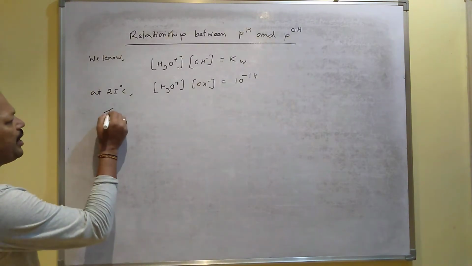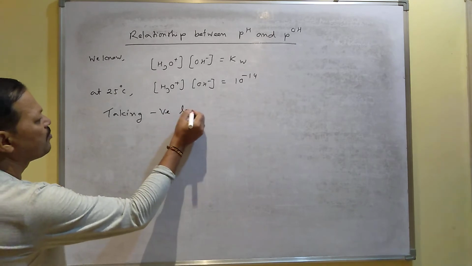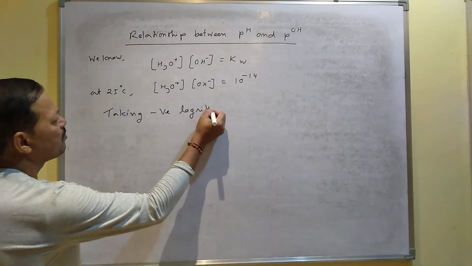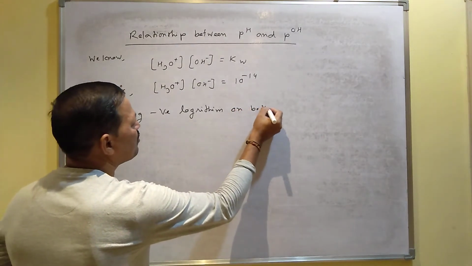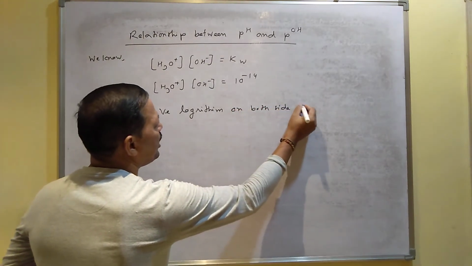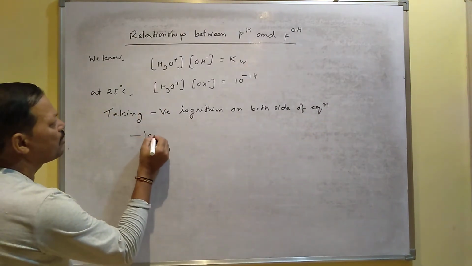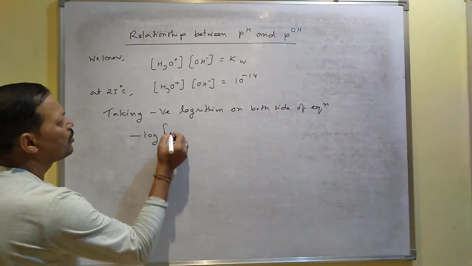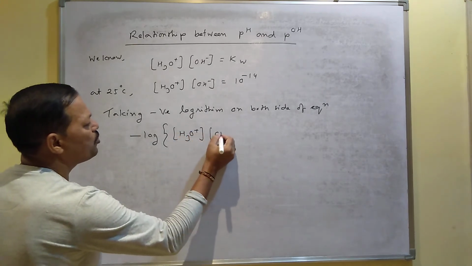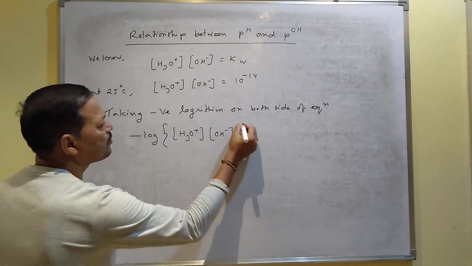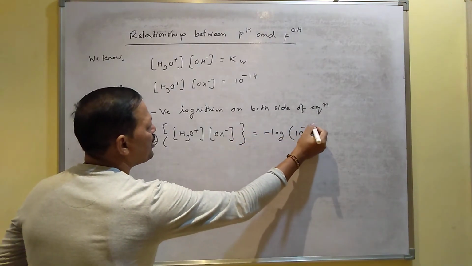Now, taking negative logarithm on both sides of the equation, minus log of concentration of hydronium ion into concentration of OH minus ion is equal to minus log of 10 to the power minus 14.